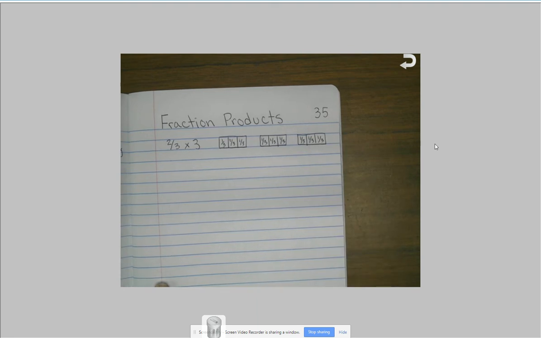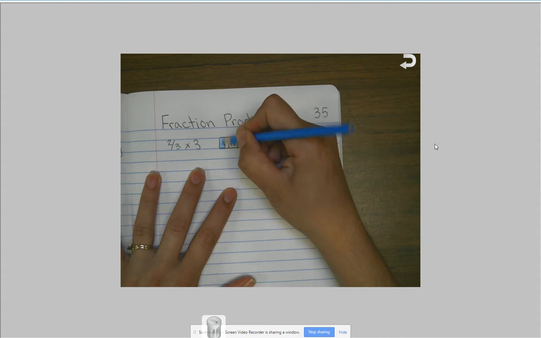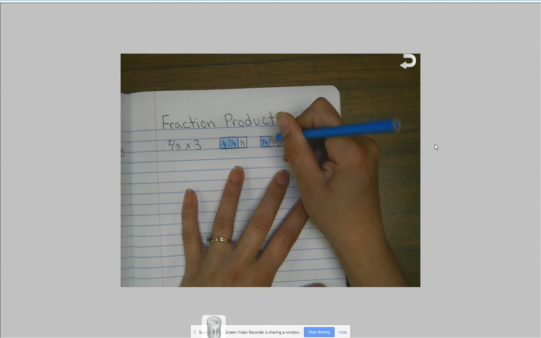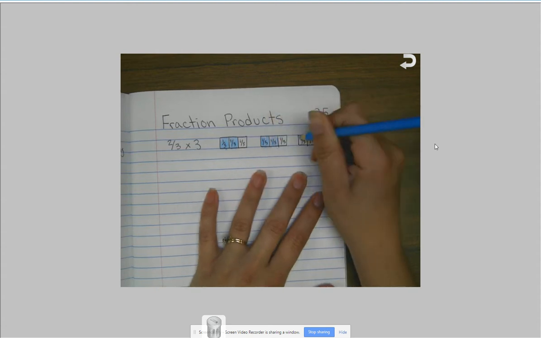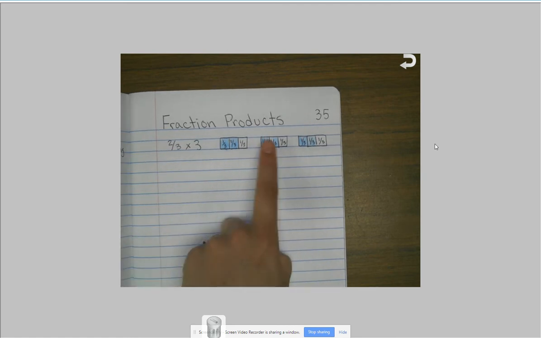Now I want 2/3 of each one. So 2/3 here, 2/3 here, and 2/3 here. Okay, you can see that I have 3 groups of 2/3.